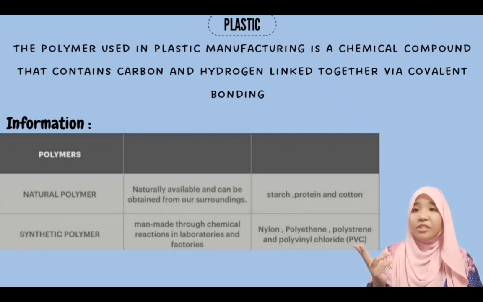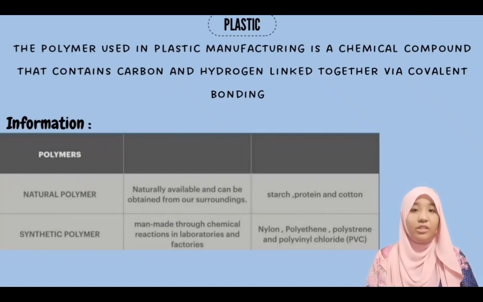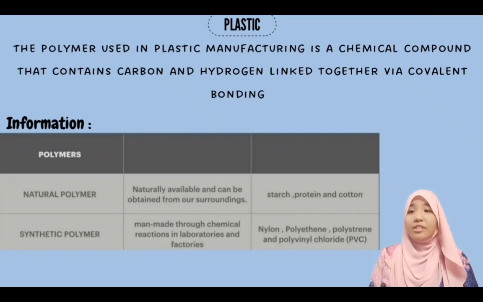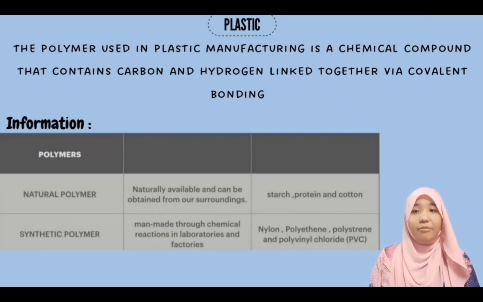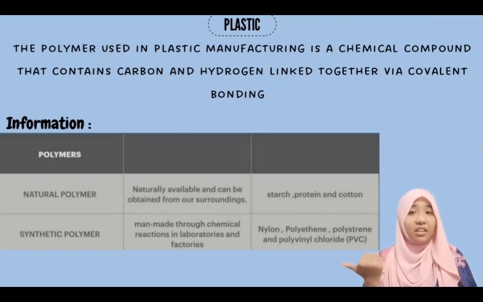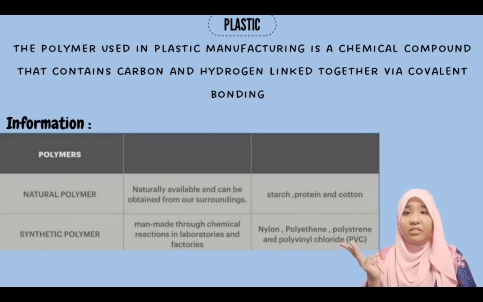Natural polymers are naturally available and can be obtained from our surroundings, and examples are starch, protein, and cotton. Synthetic polymers are man-made through chemical reactions in laboratories and factories. Examples are nylon, polyethylene, polystyrene, and polyvinyl chloride (PVC).